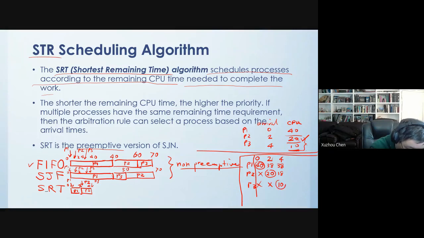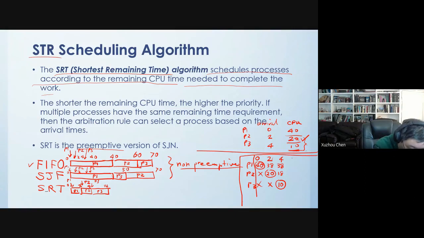So P3 is going to be the shortest. P3 has the shortest remaining time, so at time 4, P3 takes over. It's going to run for 10 time units. It starts from 4, so it's going to end at 14.